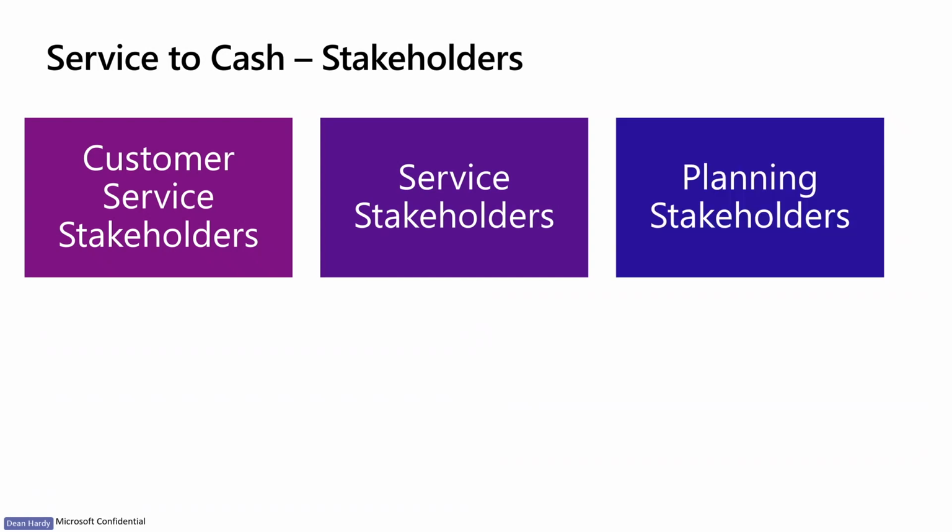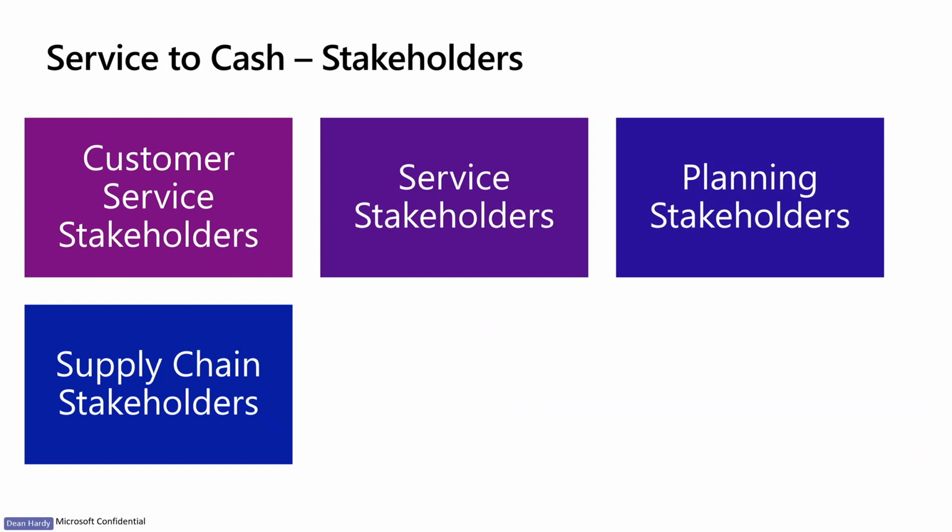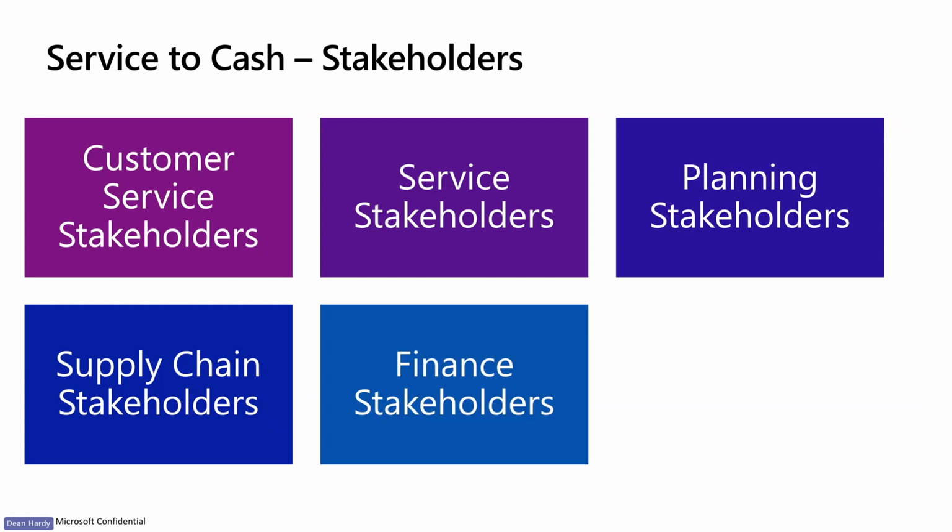Planning stakeholders, examples include Chief Operations Officer, VP of Operations, Operations Manager, and Planning Managers. Supply chain stakeholders, such as purchasing, receiving, and warehouse personnel and managers. Finance stakeholders, like Chief Financial Officer, Controller, Finance Director, Accounts Receivable, and Credit and Collections.